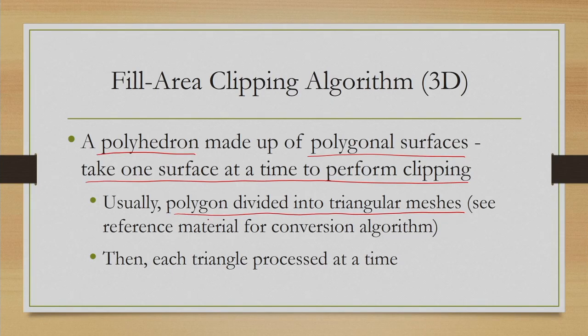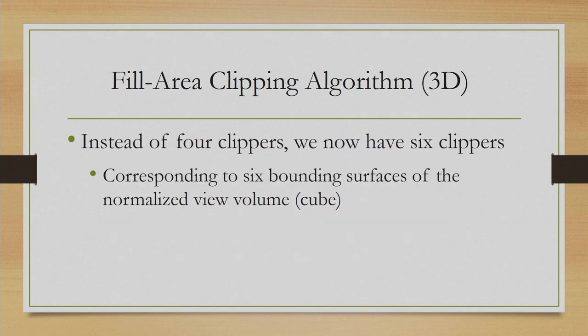So, using those algorithms, we can divide a polygon into a triangular mesh, and then each triangle is processed at a time. And the second difference is, instead of the 4 clippers that we had earlier, we now have 6 clippers, which correspond to the 6 bounding surfaces of the normalized view volume, which is a cube.